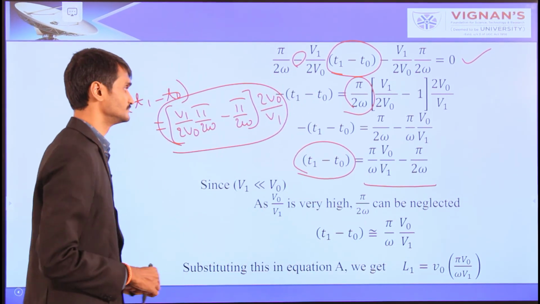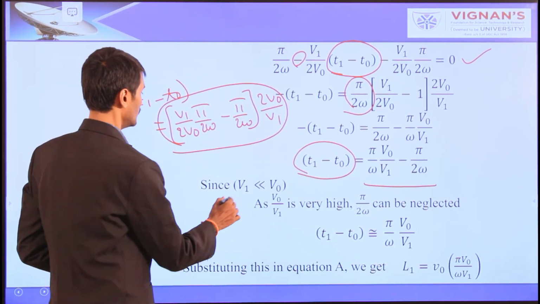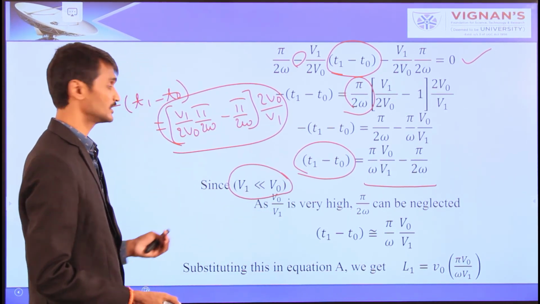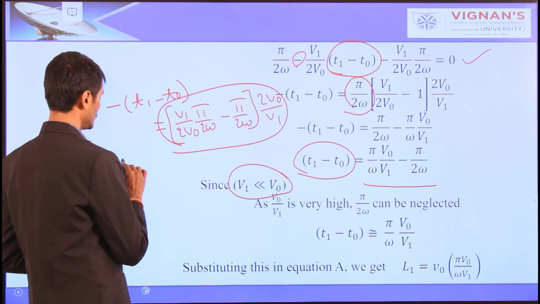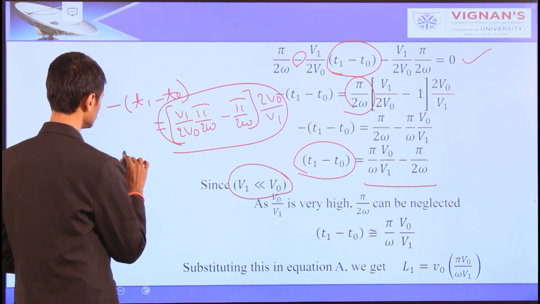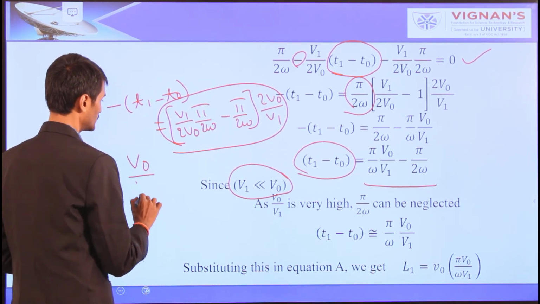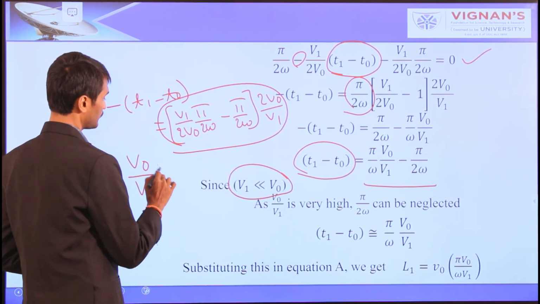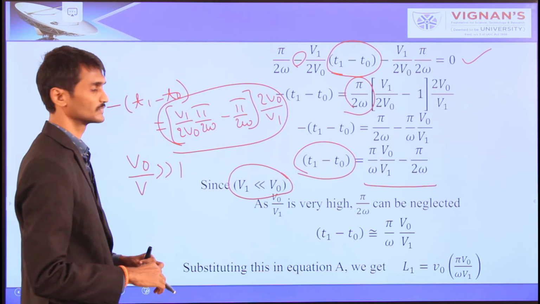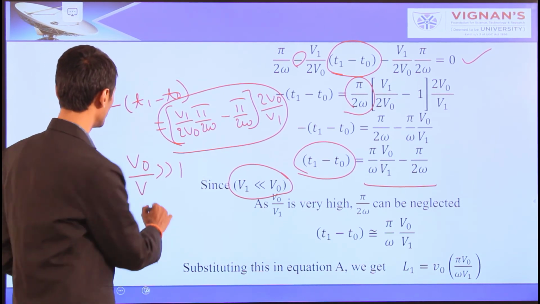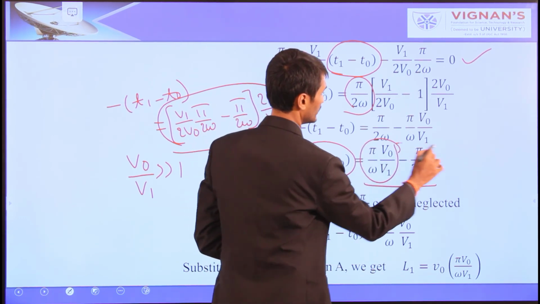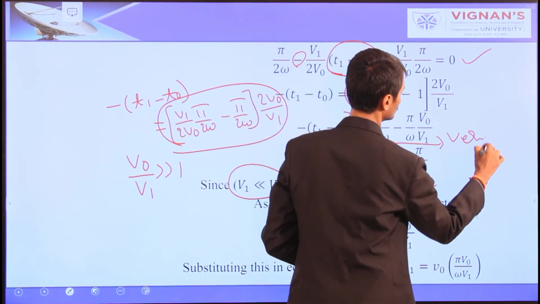Since V1 is far less than V0, as I told initially, V0 by V1 is far greater than 1, so it is a very high value.